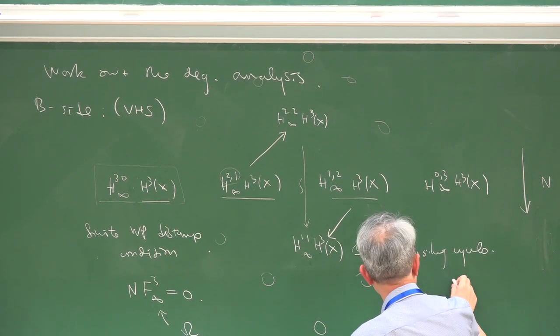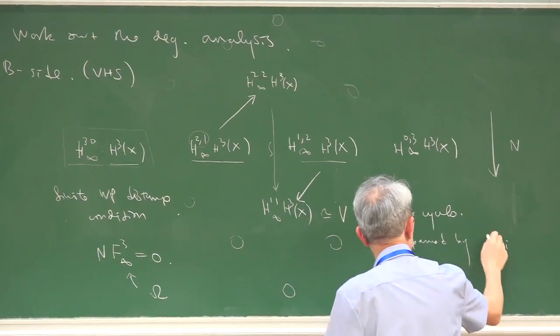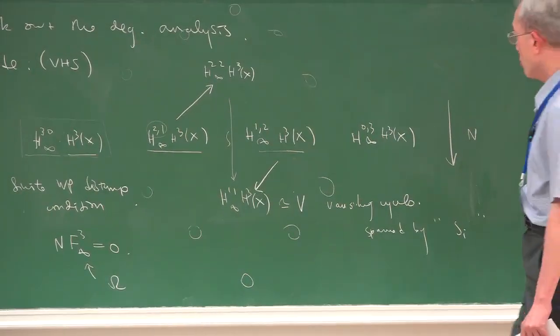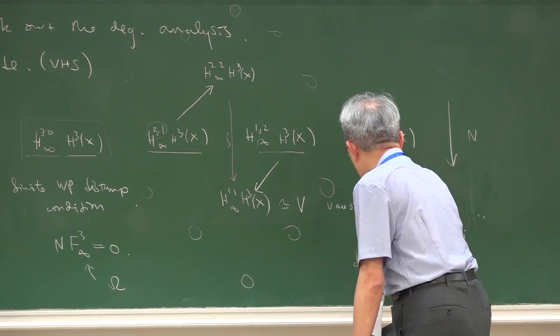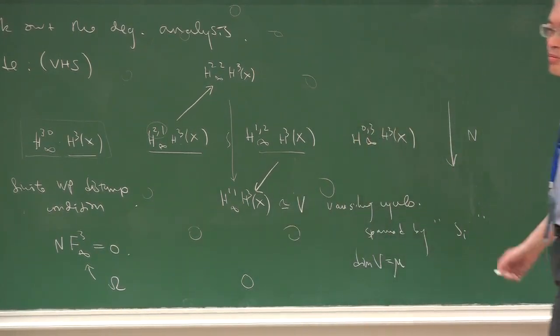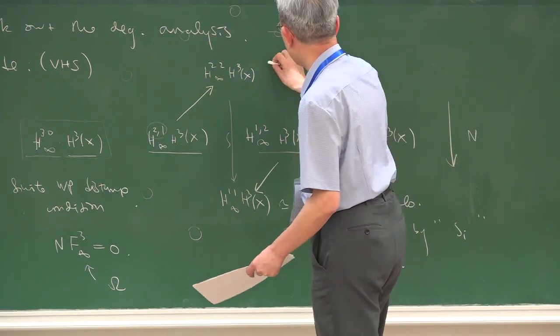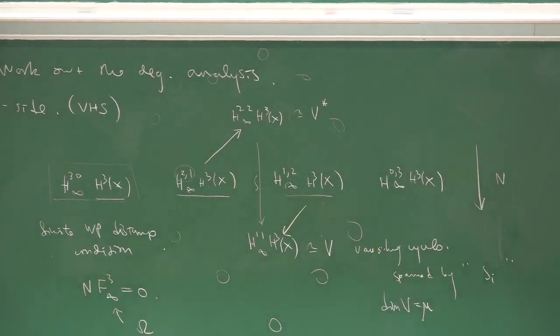That means the span by this S_i, and so you have a dimension mu. And this is naturally identified to be the dual space of the vanishing cycles.